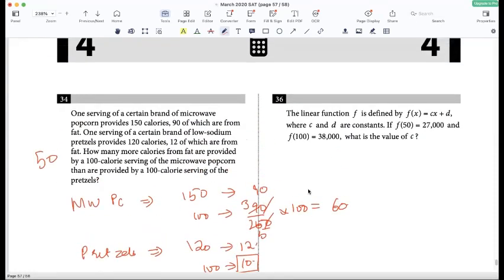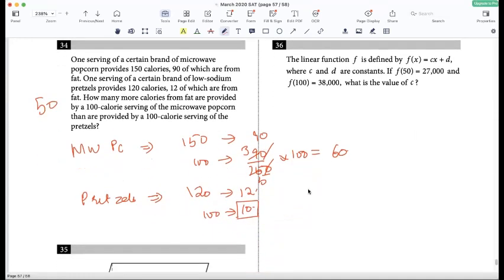The linear function f is defined as this, where c and d are constants. If f50 is this and f100 is this, what is the value of c? Okay, so f50 is 27,000. 27,000 is 50c plus d, and 38,000 is 100c plus d.